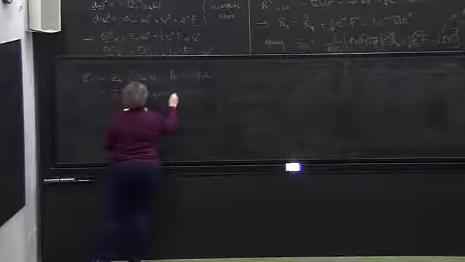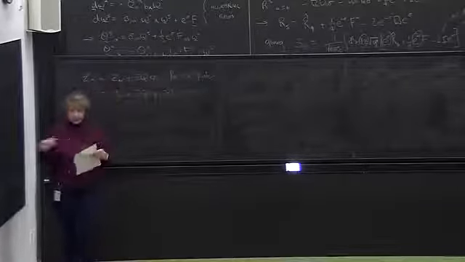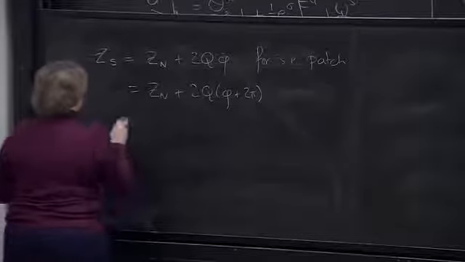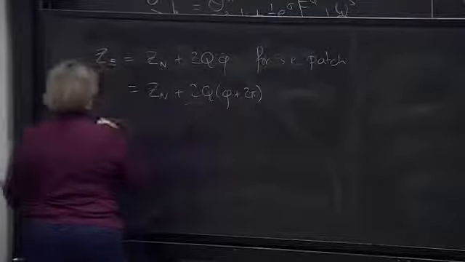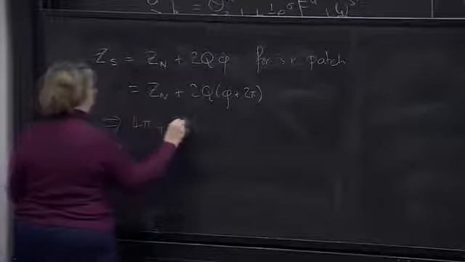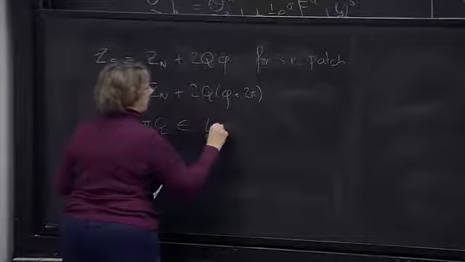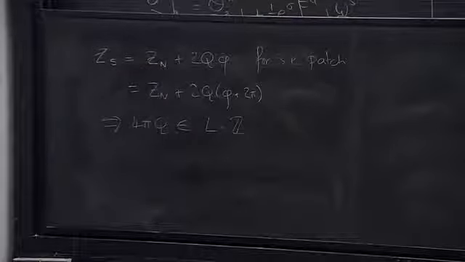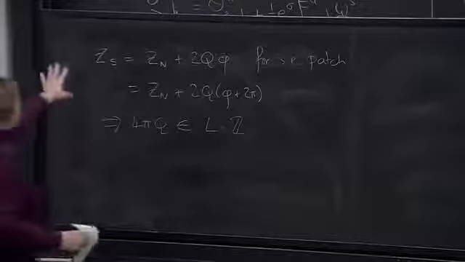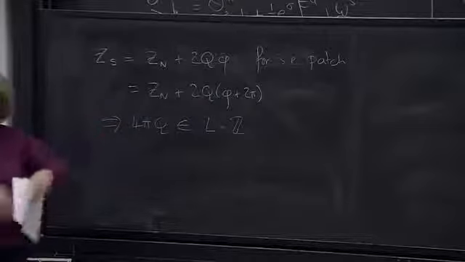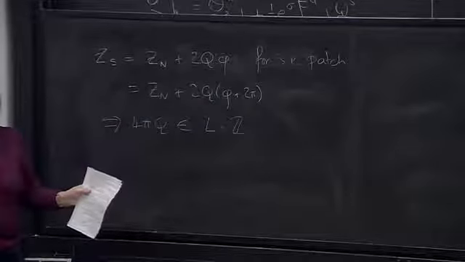But now something interesting happens. If I go round in the phi direction, round the circle, I go to phi plus 2 pi. And so this tells me that, because this is my z direction, I have to make sure that this 4 pi q corresponds to the periodicity with which I identify z.